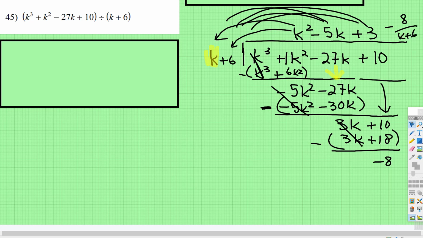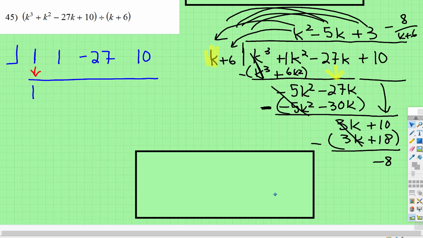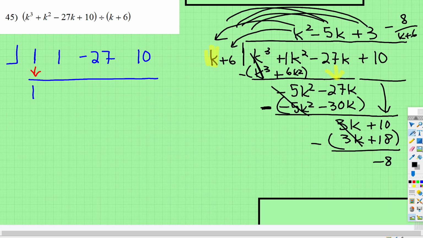All right, so now I'm going to show you, it's a little bit long, but I'm going to show you synthetic division and how both work. So synthetic division, what you're doing is you're bringing down only the coefficients. So 1, 1, negative 27, 10. And instead of that whole phrase, whatever zeroes out 6, well, that's negative 6.